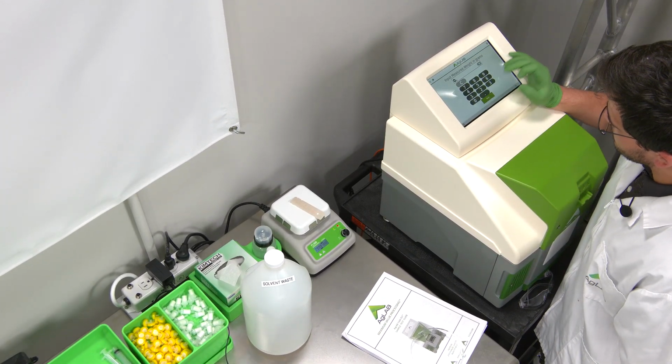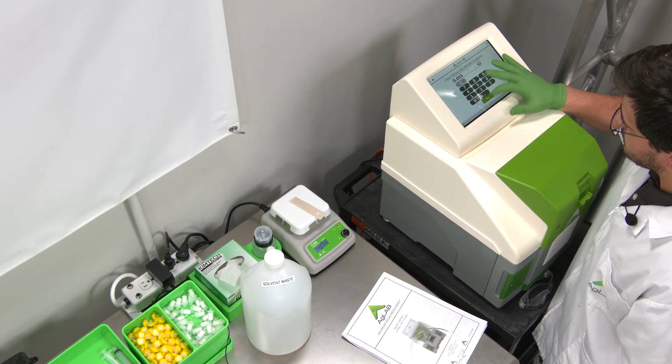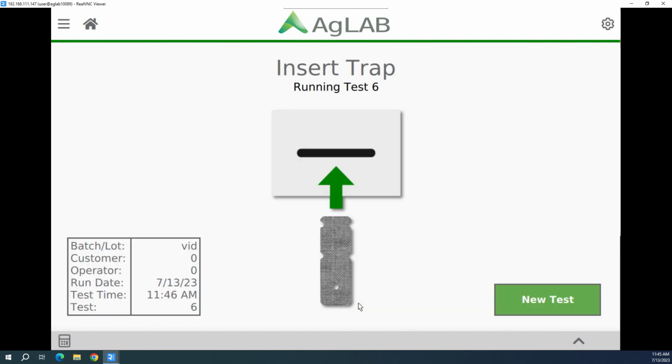Put in the weight here, 0.053 grams. All ready for a swab.